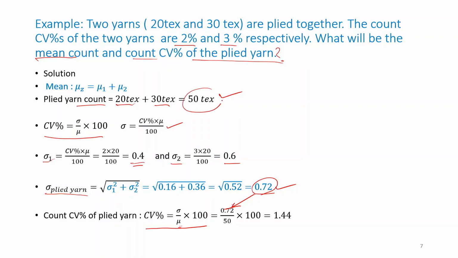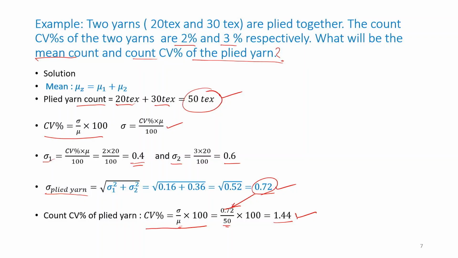Mu is 50 ticks of the plied yarn. So if we do this, we get a figure of 1.44%. That is the count CV of the plied yarn. So the individual CVs of the single yarns are 2% and 3%, and after plying, the CV of the plied yarn is going to be 1.44. So it is much less than the individual yarns.